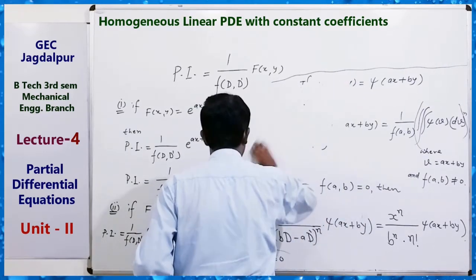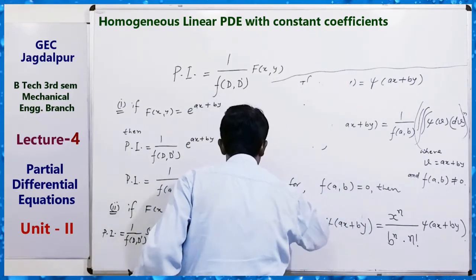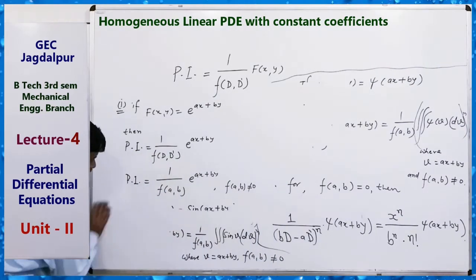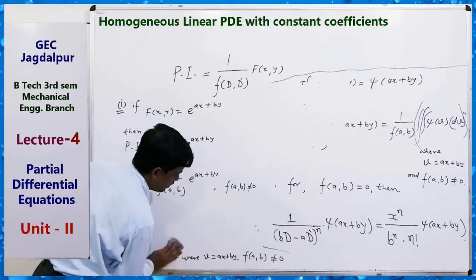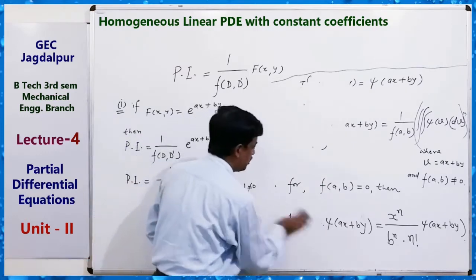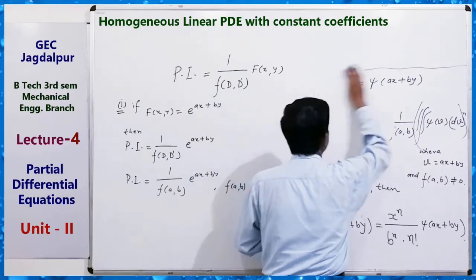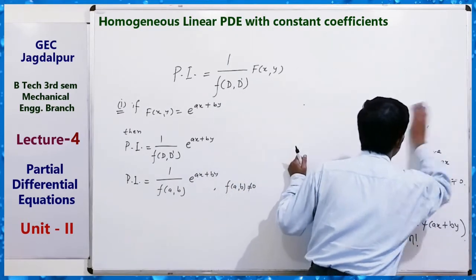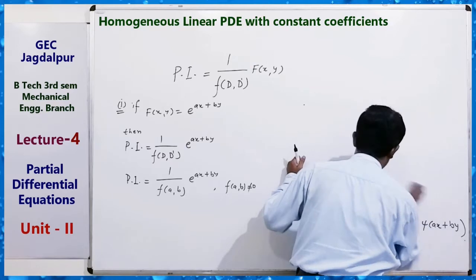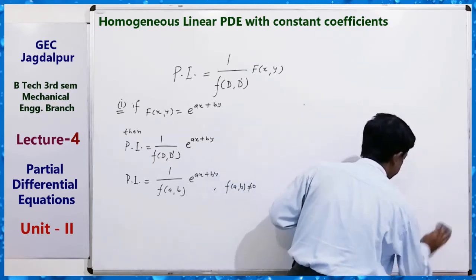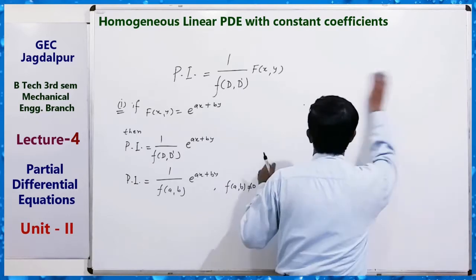This is for e to the power ax plus by. This formula is very, very important, because by using it we will find the particular integral. So remember this formula.